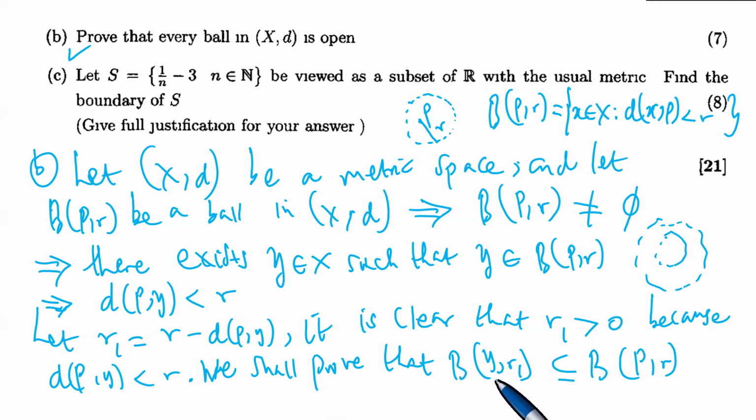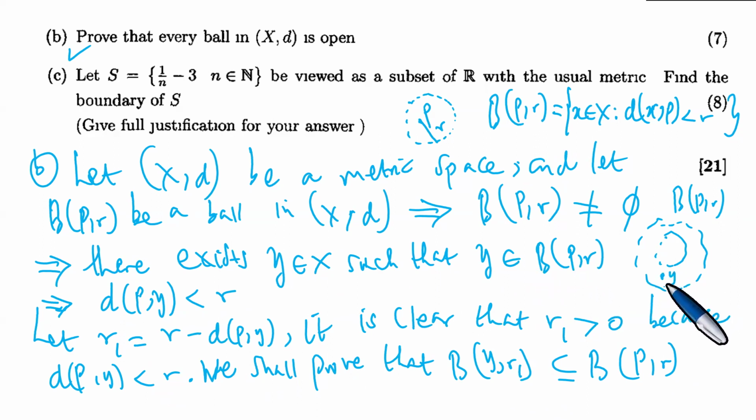But obviously, you can say, okay, but these are not purely concentric. What do we know about this? We know that y is also in the open ball of center P and radius r. So this one of center P and radius r contains the point y, such that y is an element of the ball with center P and radius r.